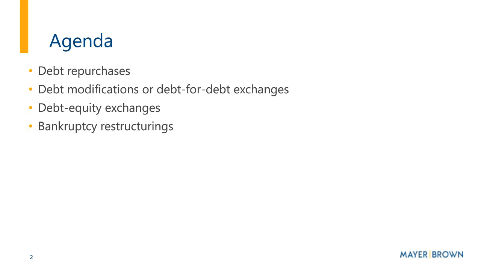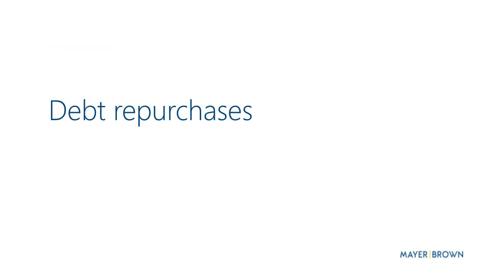A little more complicated, but we see those literally all the time. Debt equity exchanges, so an issuer issues equity for its outstanding debt. And then bankruptcy restructurings, which in many cases combine elements of modifications, debt equity exchanges, and other transactions. So that's the agenda.